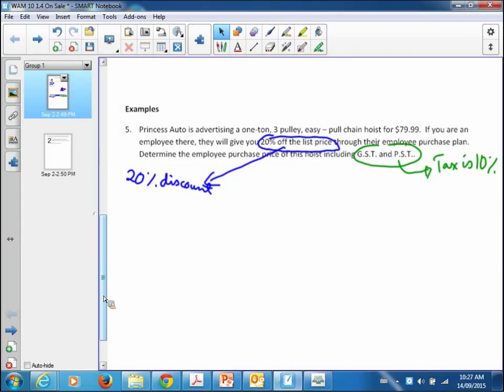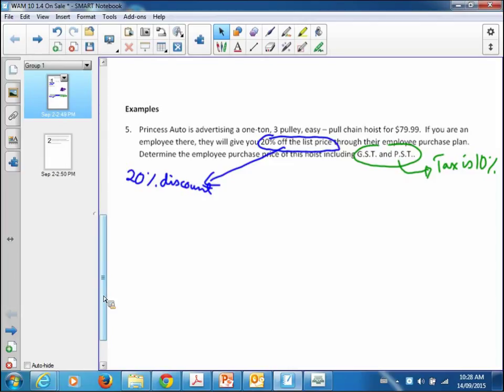If the item was $100 and you had a 20% discount on it, how much would the item be? How much off would it be? $20 off. So what would the price of the item be? $80, right? If you had a $100 item, that's easy.